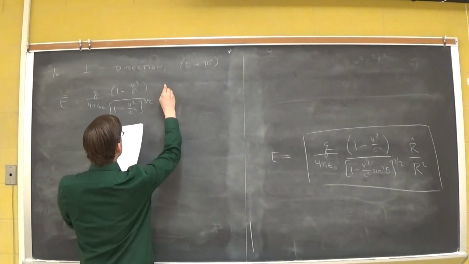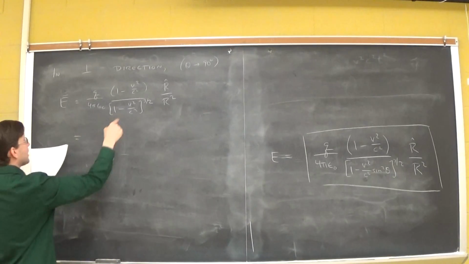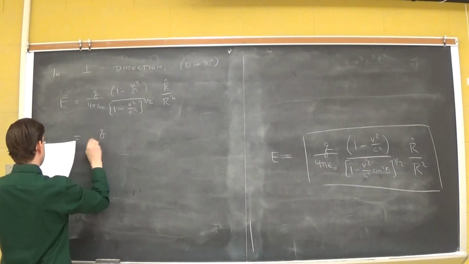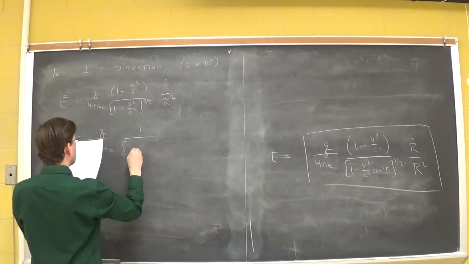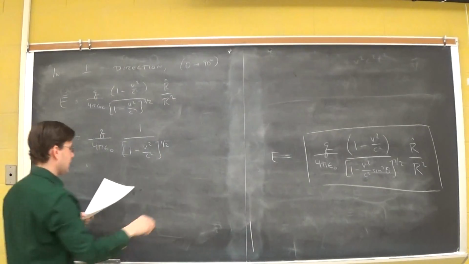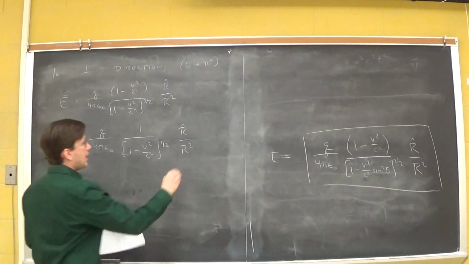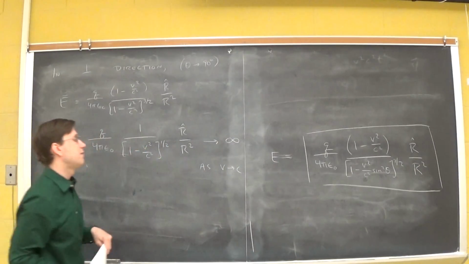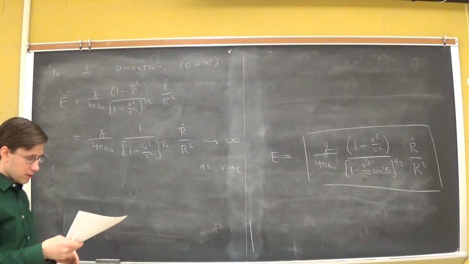So we have this expression times r hat over r squared. And then we get a nice cancellation right here. So this is equal to q over 4 pi epsilon naught times 1 over 1 minus v squared over c squared to the 1/2 times r hat over r squared. And again, this expression goes to infinity as v approaches the speed of light. This denominator goes to 0, and the entire thing blows up as v is going towards the speed of light.